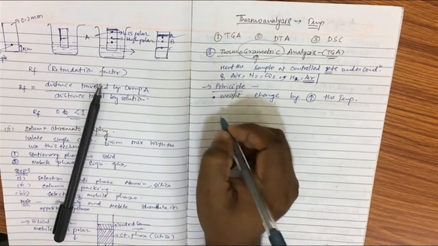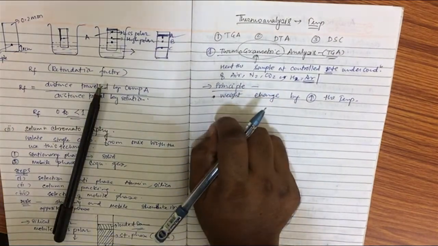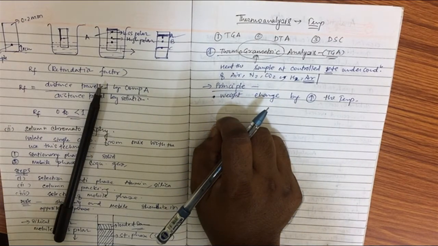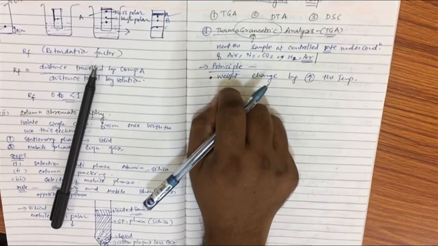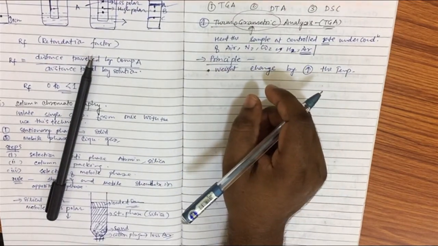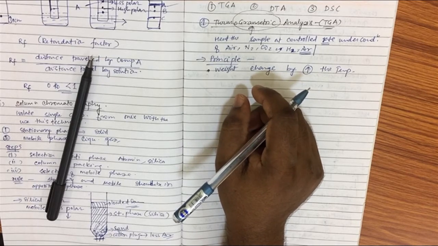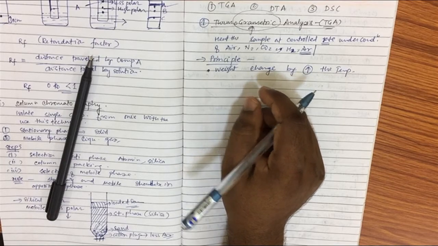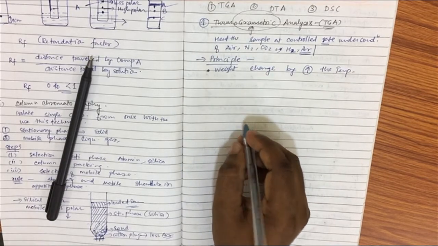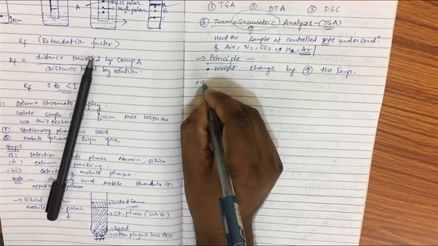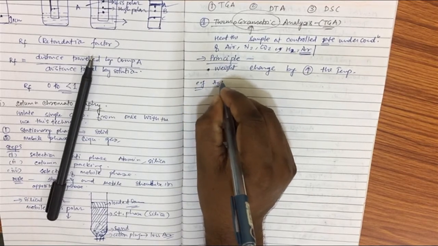Point number 1. And to understand this, let us take an example, silver nitrate.